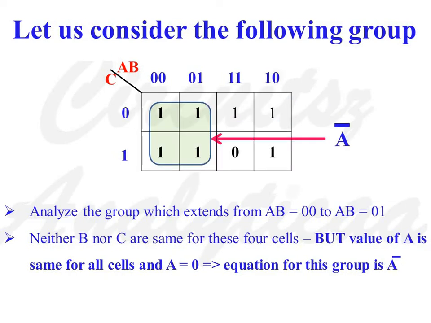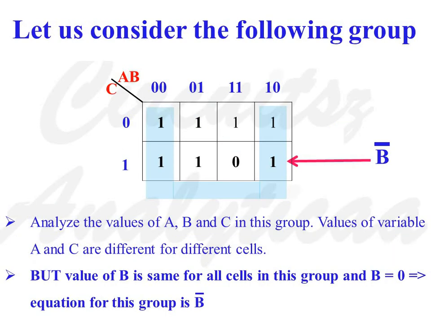In this group, all the 4 cells have same value for variable A and A is equal to 0. So we can write the group equation as A bar. Here in this group, all cells have same value for variable B and variable B is equal to 0.